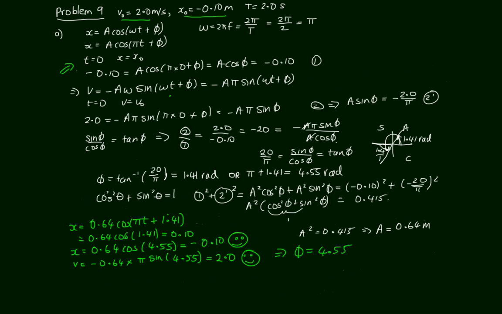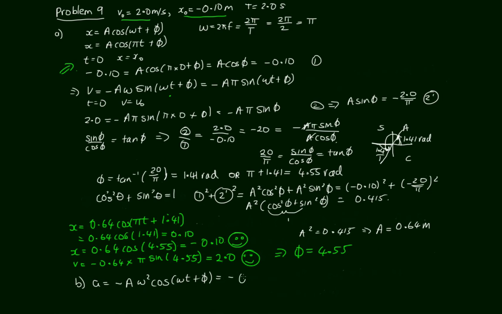Now, that'll be important for the next part, because in the last part of this question, we're asked to come up with an expression for the acceleration. So we know that the acceleration is equal to minus a omega squared cos of omega t plus phi. And now we can just substitute in our values for here.